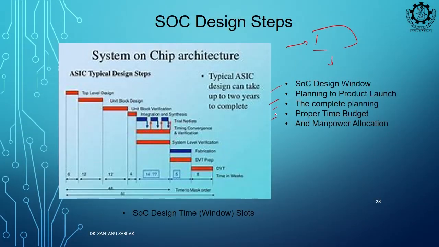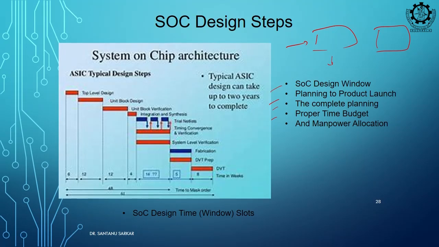And if your window fails, suppose rather than December, you come up with your product in January, your rival company will by that time capture the market, very competitive market. So, you can understand that design window is so important.